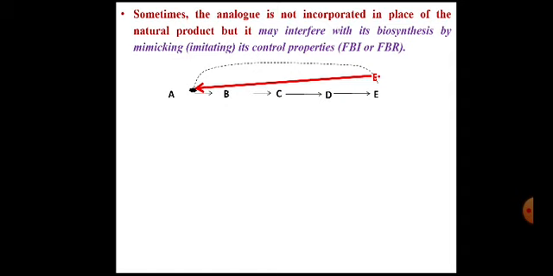Whereas if E star goes in place of E, that means if the analog goes in place of the normal control metabolite, it will bind to that first key enzyme and permanently inactivate it. That is the difference between control by E and toxicity by E star. So ultimately, due to permanent damage to the enzyme, the cell is going to die.